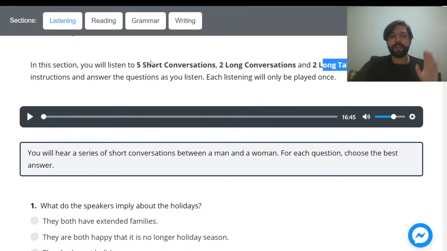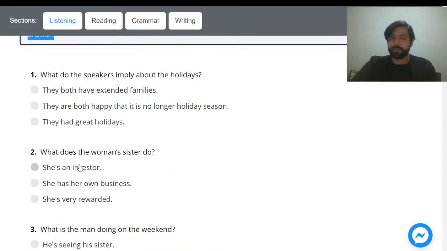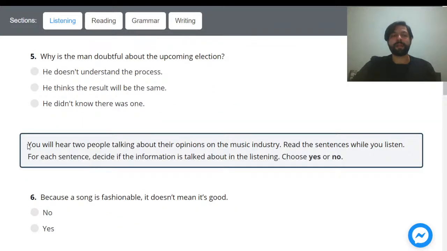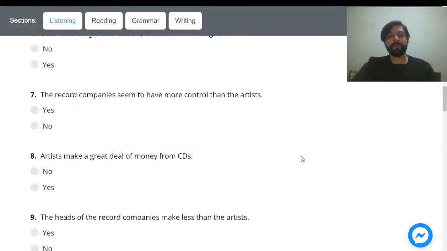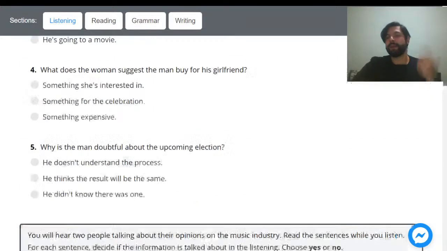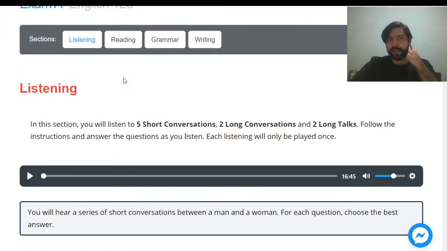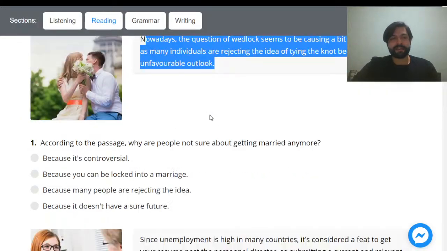My advice: read the instructions very carefully, okay? They tell you what you must do, like choose yes or no, or sometimes no answer is okay. So you choose bachelor, associate, masters, or nothing. It depends, so read the instructions, and of course pay attention to the audio. The reading is the classic exercise of reading the text and picking the correct answer.